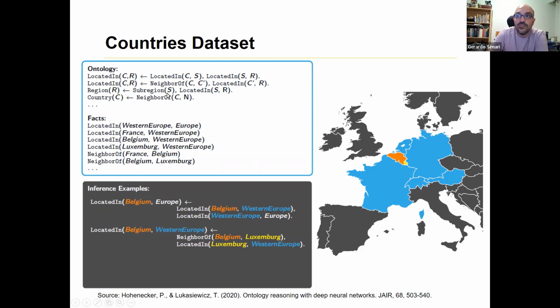So region R has a subregion S, and who's a neighbor of whom. And some inference examples, for instance, Western Europe is a region of Europe, and Belgium is located in Western Europe. And because we have it here, then we can infer that Belgium is in Europe, which we didn't have in the facts. So quite simple.